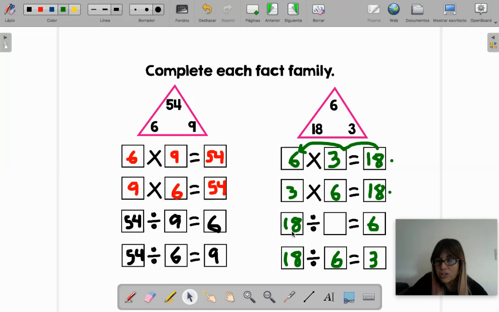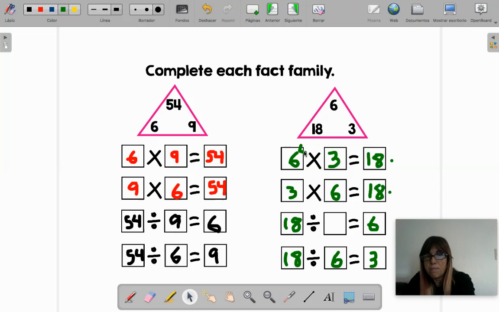If it's a division, 18 divided by what gives you 6? To answer this, you just do it backwards, but you do the family of the division. You do the opposite. You multiply, but begin backwards. Okay?